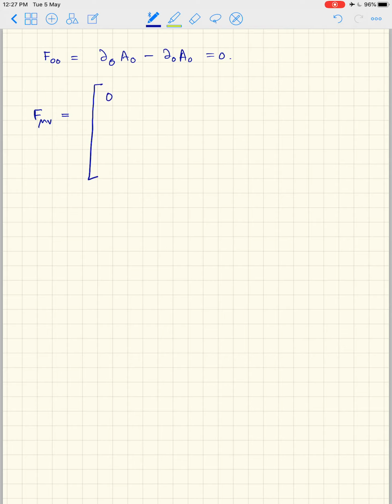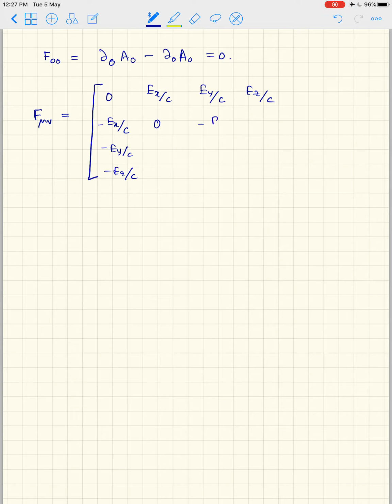So 0, so this is Ex over C, Ey over C, Ez over C, minus Ex over C, minus Ey over C, minus Ez over C. 0, you need to be careful about the signs out here.